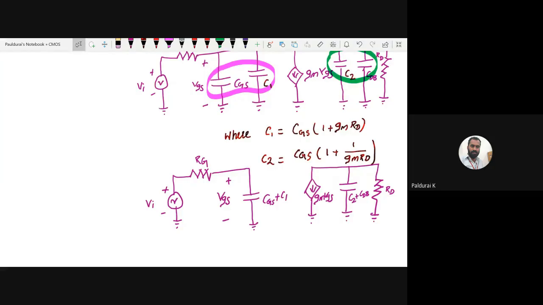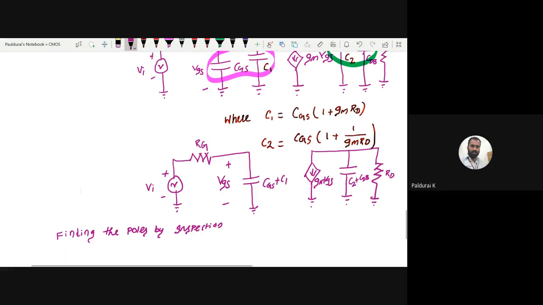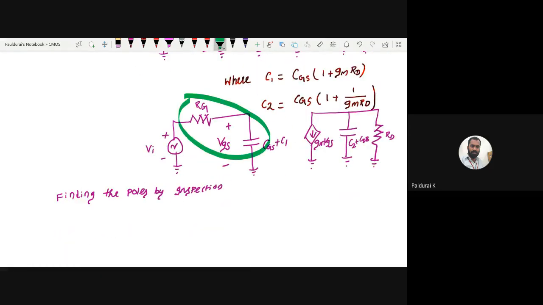Now we can find the poles by inspection. How many poles? See, this is one node and this is another node.